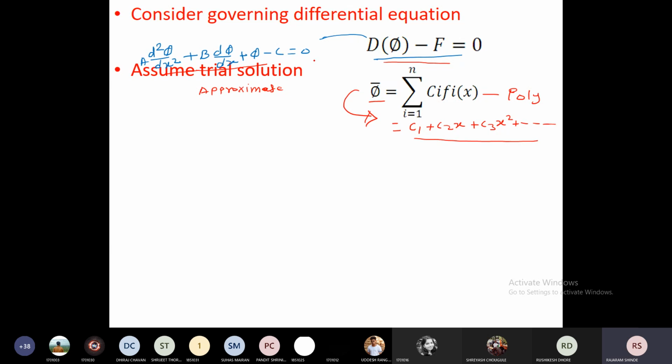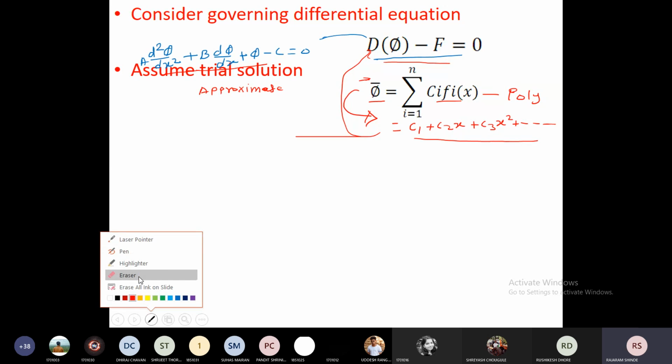It is a short form of the polynomial. This one, that is phi bar is equal to summation of i is equal to 1 to n Ci Fi(x). And when we expand this polynomial, it will take this form. Do you agree with this? Now this is the approximate solution to this differential equation, or the assumed solution to the governing differential equation.